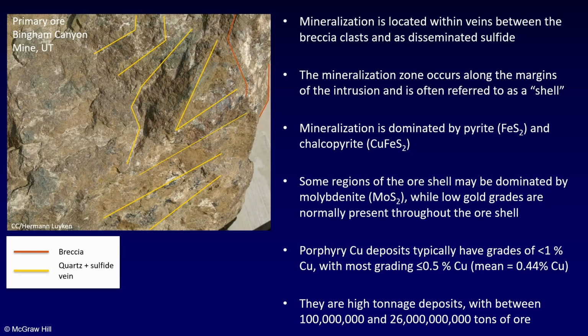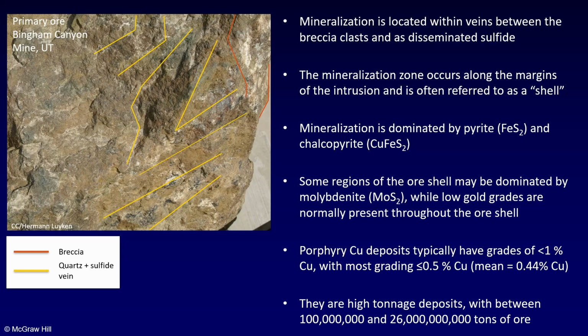Now, porphyry copper deposits typically have pretty low grade, so they're normally less than 1% copper, and most of them contain equal to or less than 0.5% copper. So these aren't particularly rich in terms of the grade of the ore.